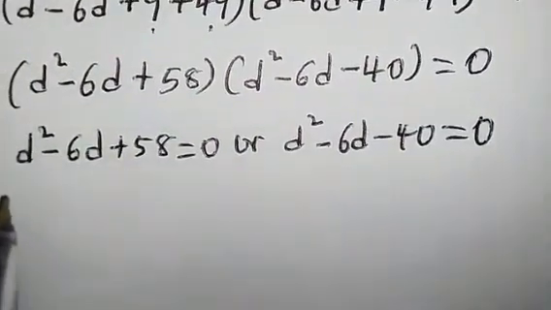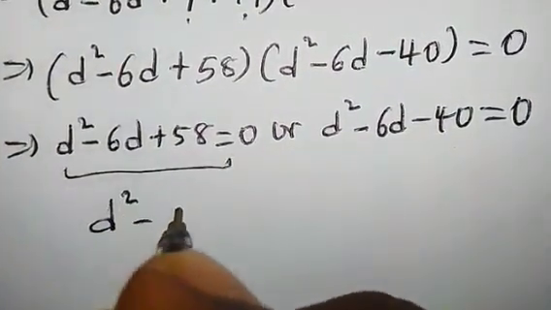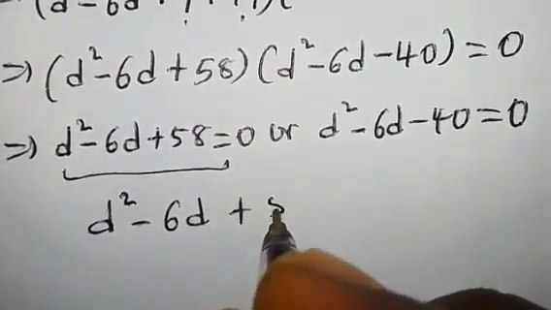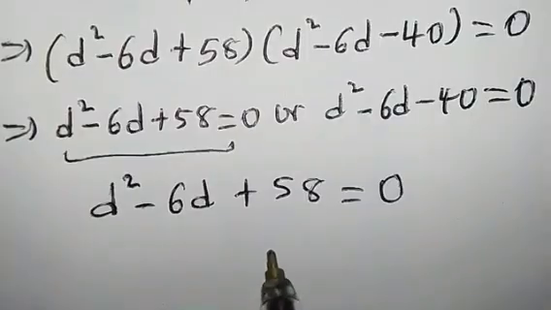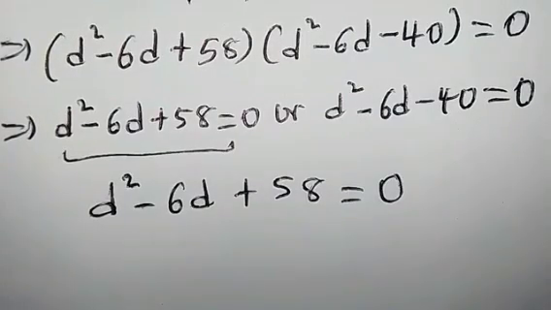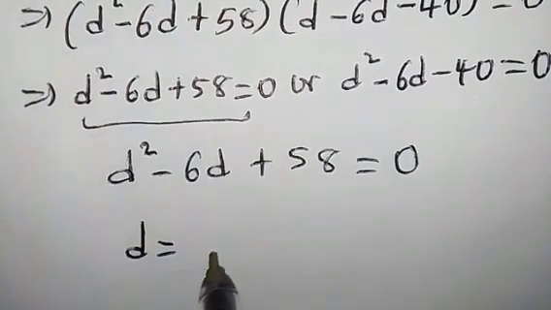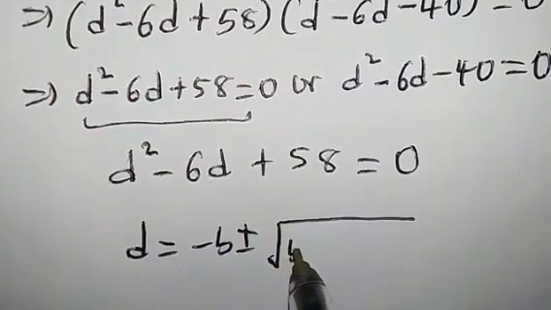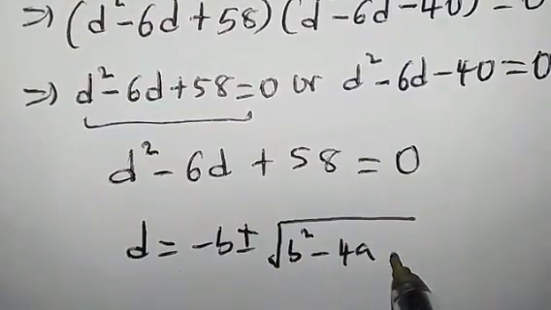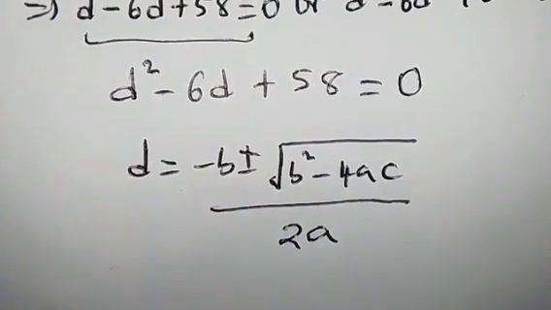Let's consider this one first. We have d^2 − 6d + 58 = 0. This can be solved using the quadratic formula, which is straightforward. Using the quadratic formula, d = (−b ± √(b^2 − 4ac)) / 2a.